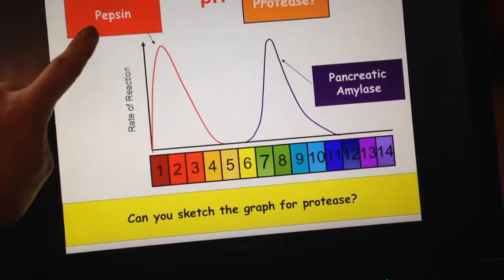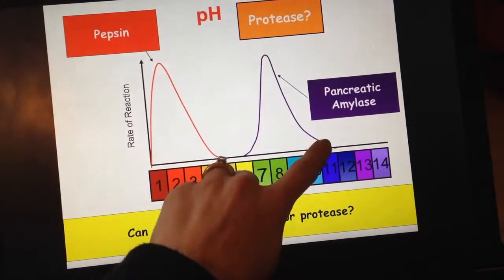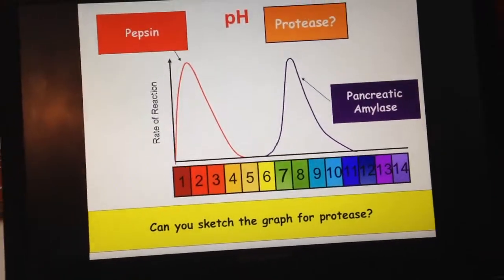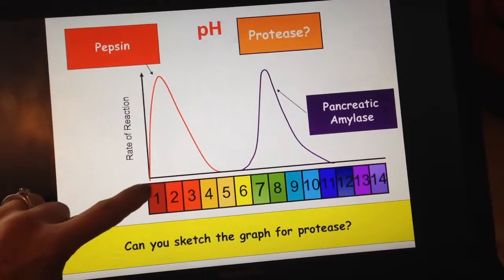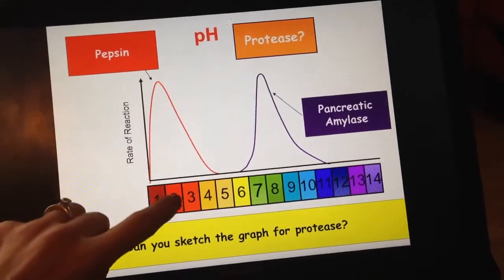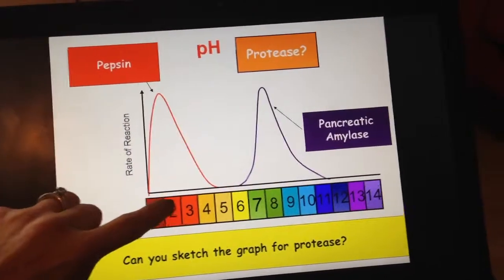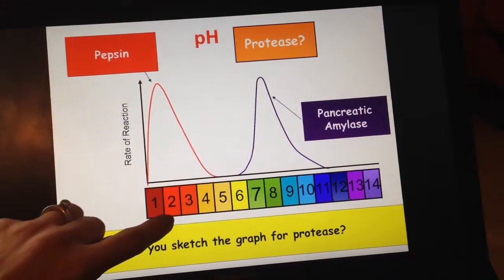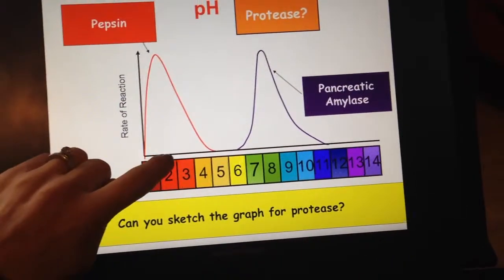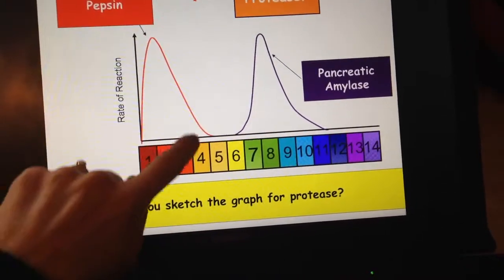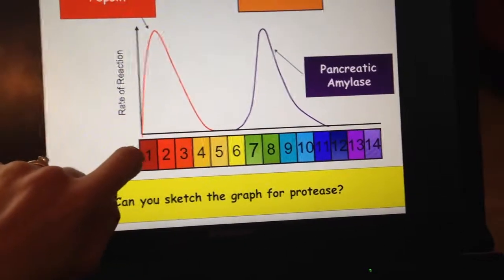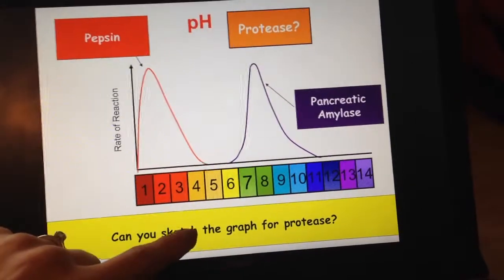We can see you've got 3 different examples of enzymes, digestive enzymes. We've got pepsin. If you're given a graph that looks like this, you can see if it was asking you to label the optimum for pepsin, you would be looking at about pH 2 down here. So this is obviously an enzyme that works in an acidic condition.